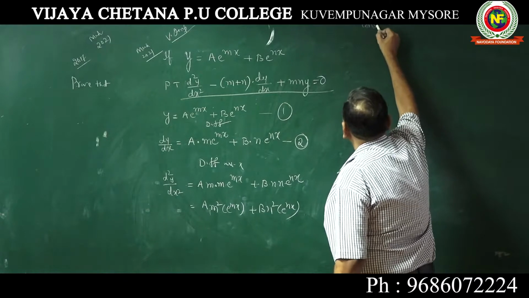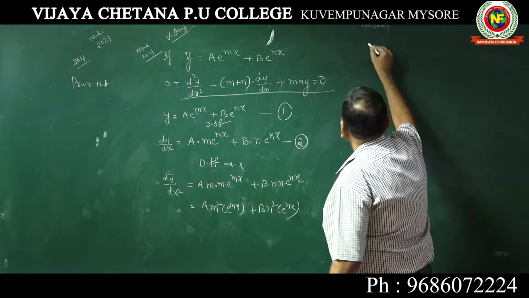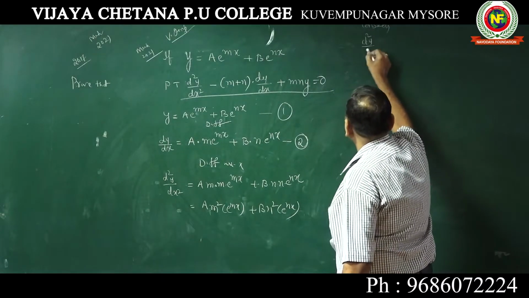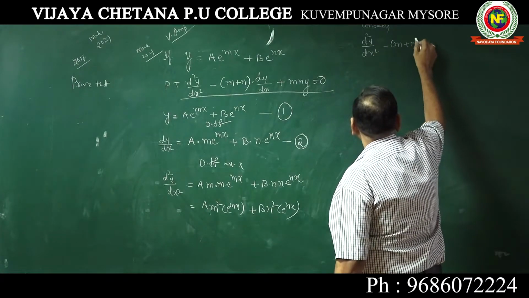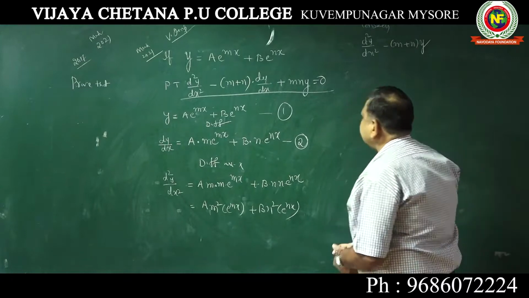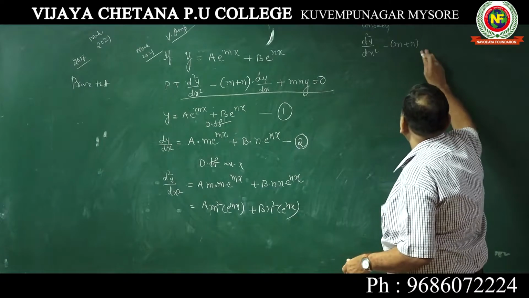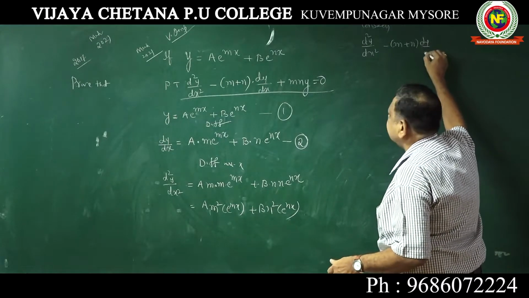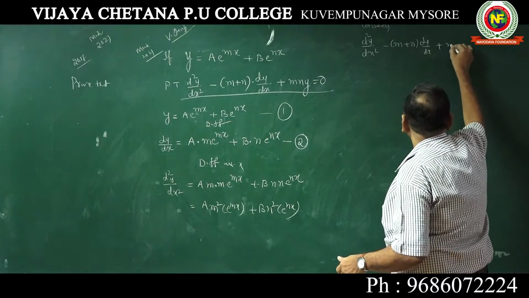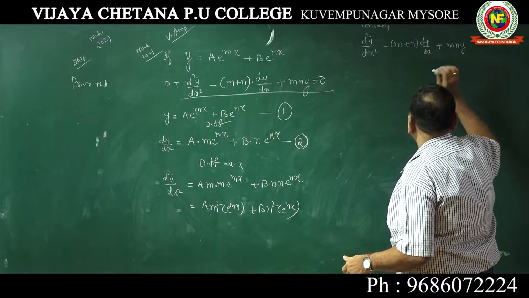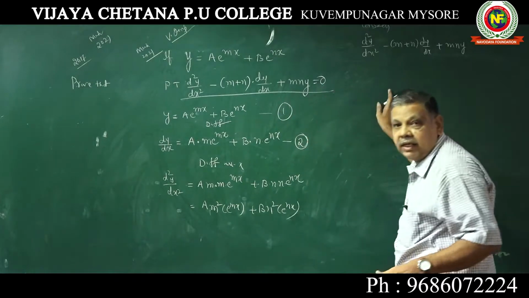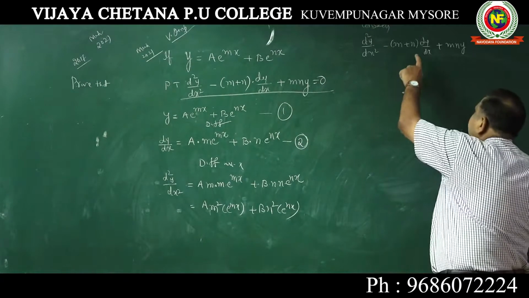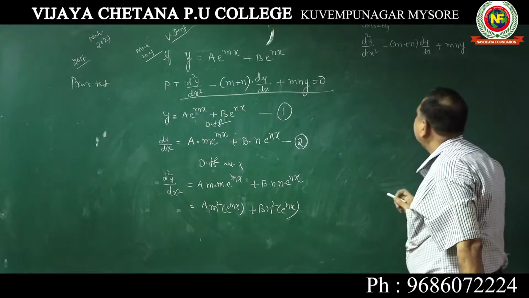Now consider d square y over dx square minus (m plus n) into dy by dx plus mn y, which is equal to 0. That is what you have to prove.